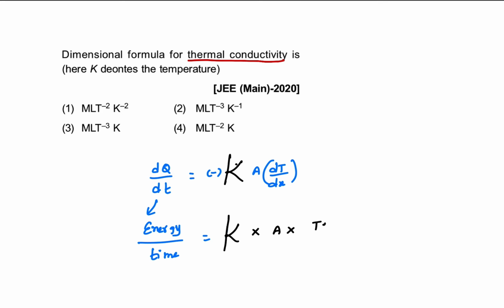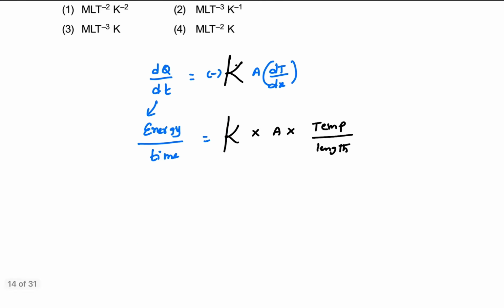Area is something everyone knows. This is temperature divided by the length. Okay. You just observe this. How to write dimension of K? Dimension of thermal conductivity. This is only thermal conductivity.